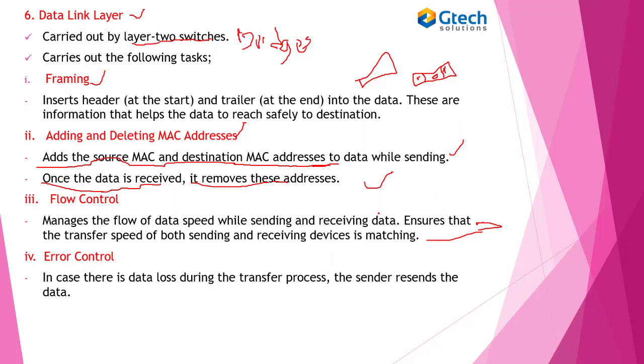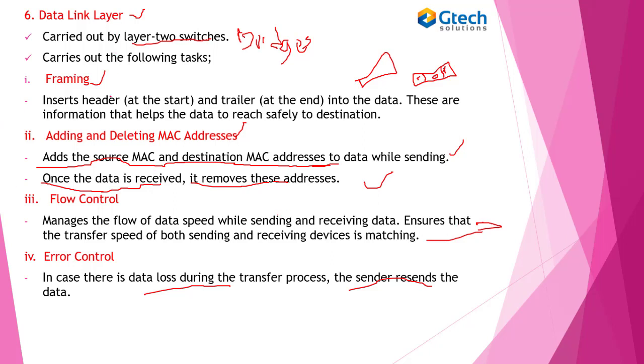It makes sure that the sending and the receiving speed is the same between the 2 devices. And the error control, whenever there is a loss in data, the sender resends the data, as just explained in the transport layer.